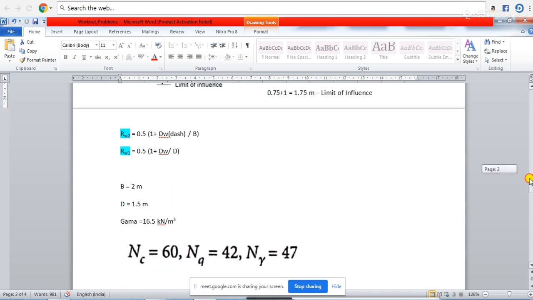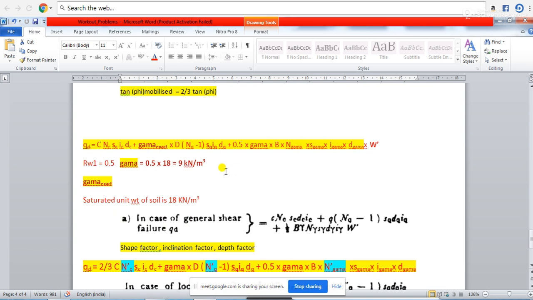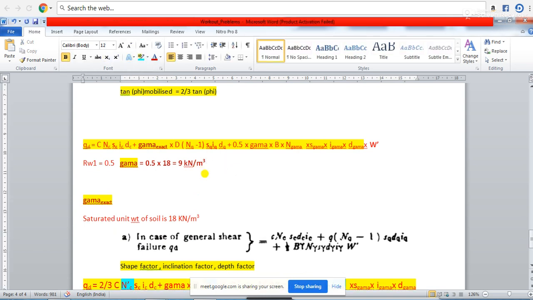If you remember the basics of soil mechanics, which you learned at the very initial stage, what is your gamma submerged? If you want to find this gamma exact, it is nothing but your gamma submerged.